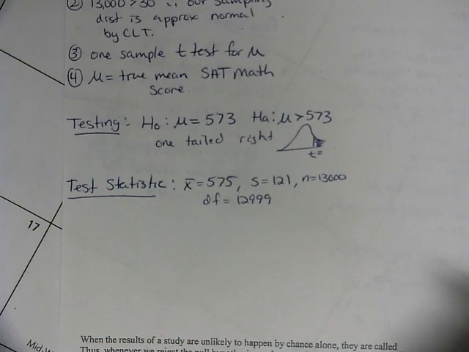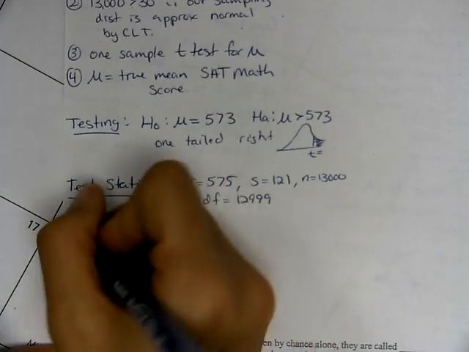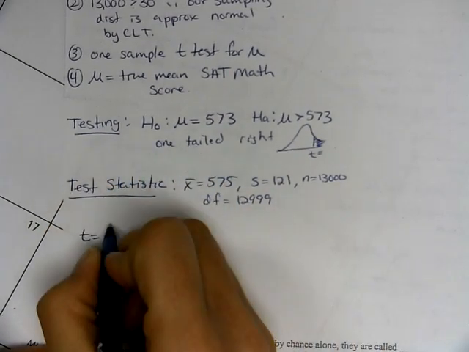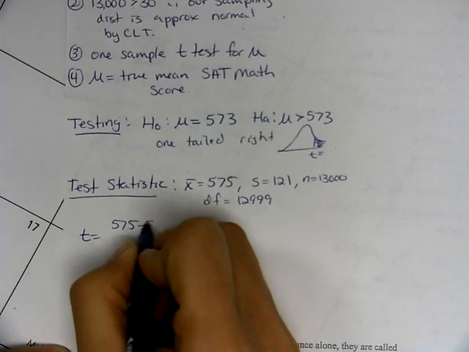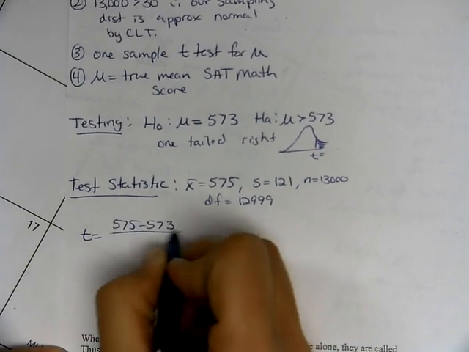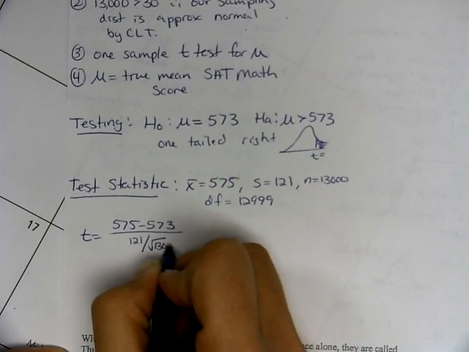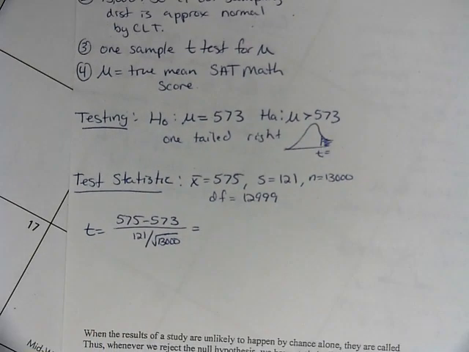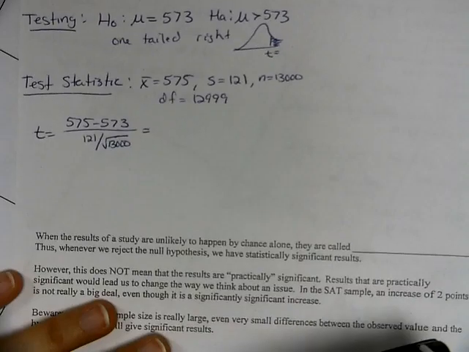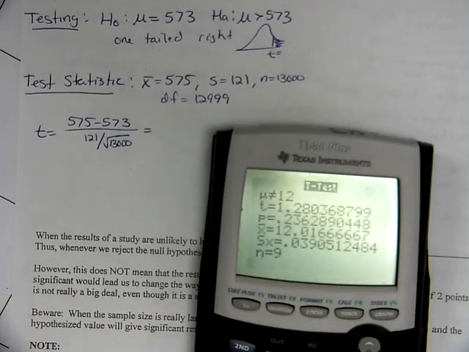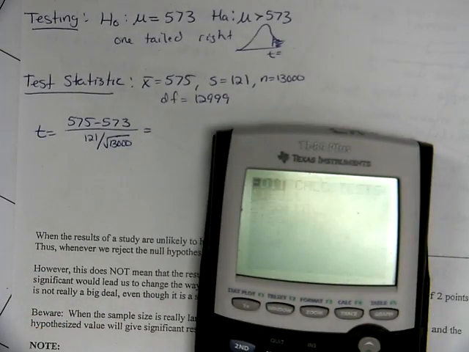No. See what happens with that. So T is 575 minus 573 over 121 divided by the square root of 13,000.